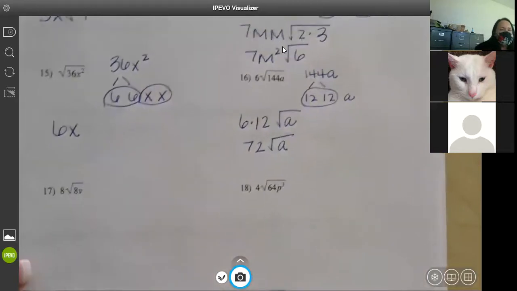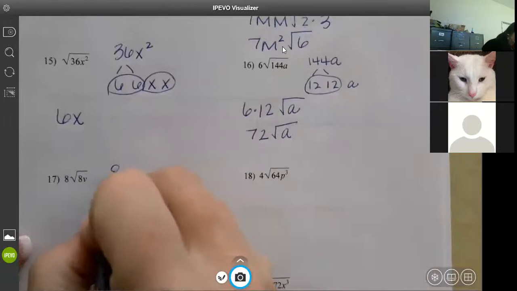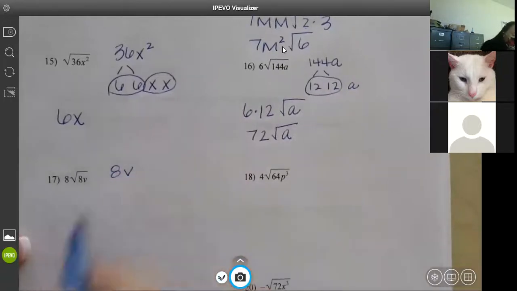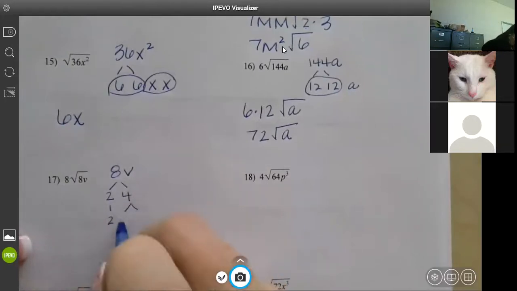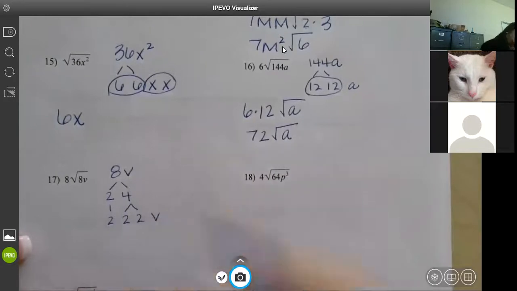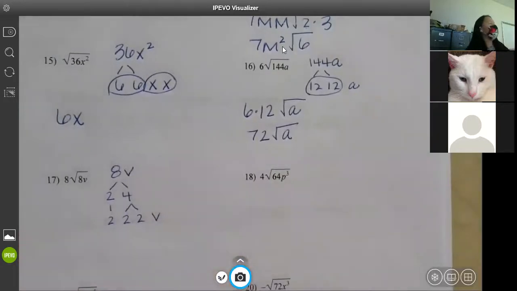All right, so your next one, we're going to break down 8v. What are your factors of 8? 2 and 4. This 2 won't break down, but the 4 will break down, and don't forget we have a v. 8 is always going to be 3 2's, and they love to use 8. So if you already know it's 3 2's, you don't have to break it down into 2 times 4. Do you have any pairs?